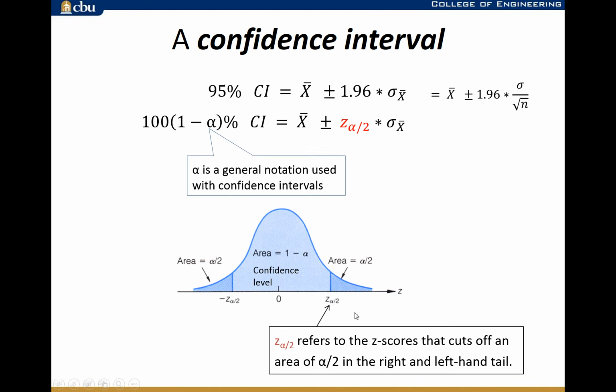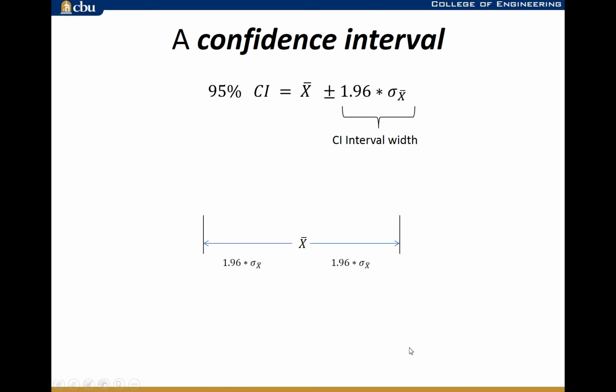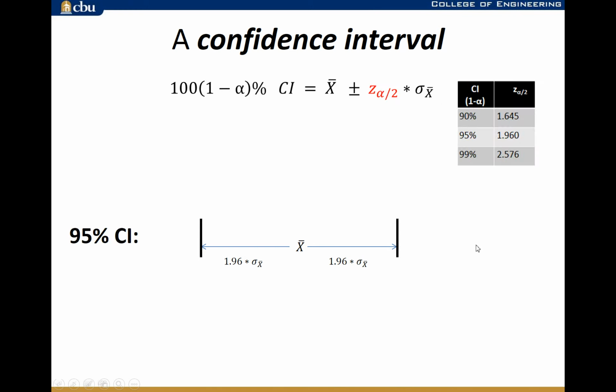It is divided by 2 because both of them are equal, and this shape is symmetric. So the 95% confidence interval will be equal to X bar plus minus 1.96 times the standard deviation of errors. And you can also change it when the confidence level is different.